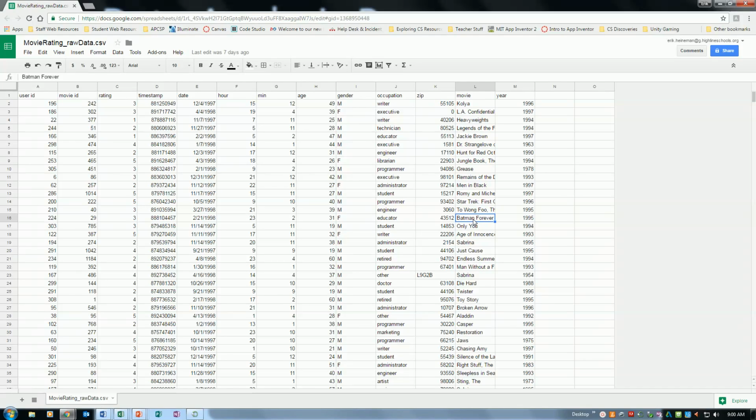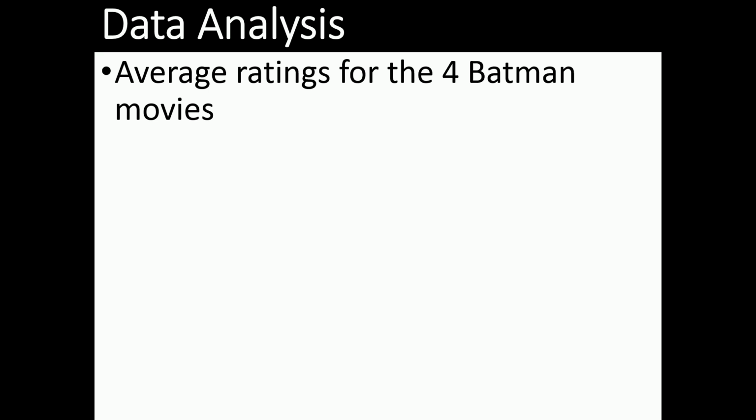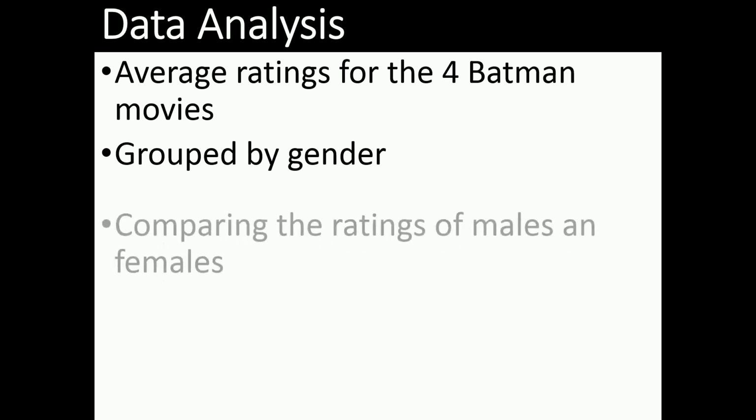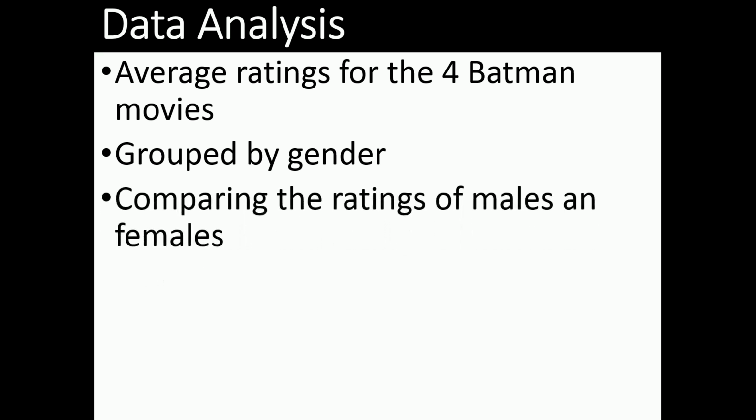So I'm going to compare and see how did the different genders rate the Batman movies over the course of those years that they were released, and how did that rating differ by gender. So to recap, I'm going to find the average ratings for the 4 Batman movies, and I'm going to group them by gender. And that means I'm going to be comparing the ratings of males and females.